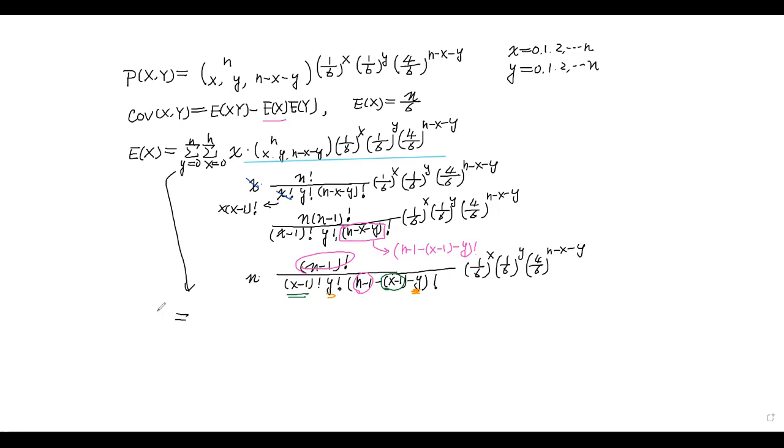So continue here. This will be the summation, y equal to 0 to n, and the summation now in here, because I dropped the x, x starts from 1 to n.